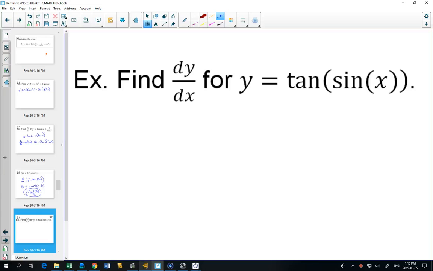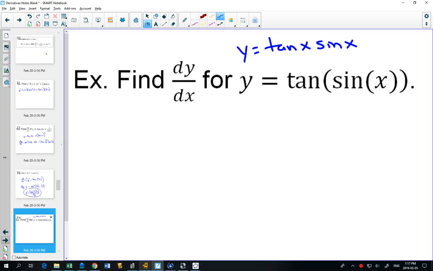What would this look like if it was a product rule? Product rule would look like this. Can you see here the sine x isn't inside the tan? It's just tan x times sine x. Whereas the one that we have, the sine x is inside of the tan.